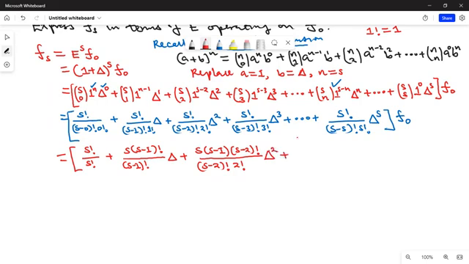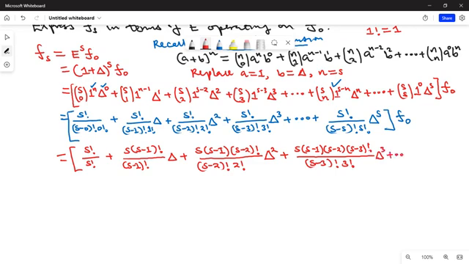The other one is s factorial. Not s factorial, but s. We are breaking it down now. s times s minus 1, s minus 2, s minus 3 factorial. Everything over s minus 3 factorial times 3 factorial delta cubed.